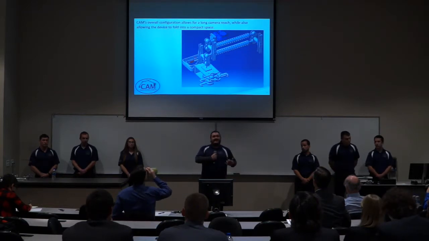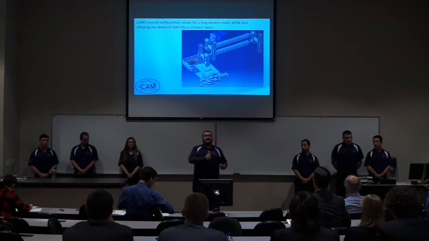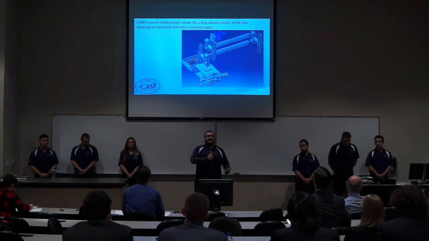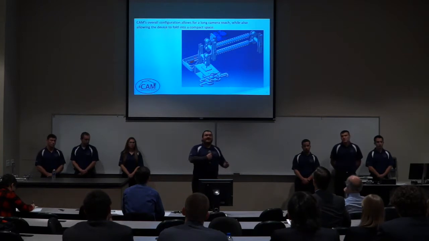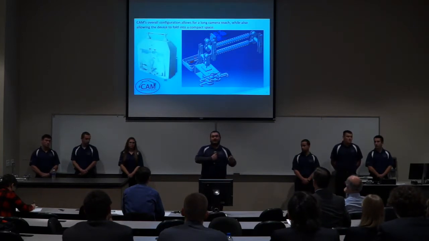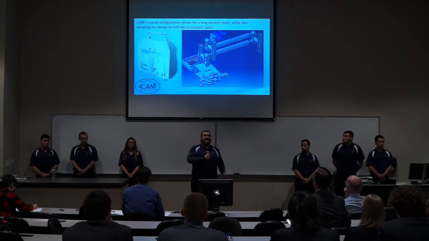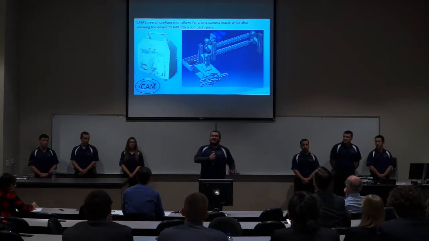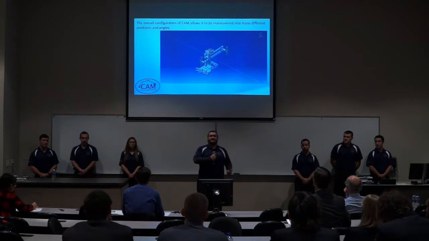This size constraint was given to us by NASA. It is a 12-inch by 16-inch by 18-inch box that we have to fit CAM into. This is in direct correlation to the crew carry bag that you can see here on the left. This is something that's used on most EVA missions by NASA to transport any components that are needed by the astronauts or any tools that are used on the outside of the space station.